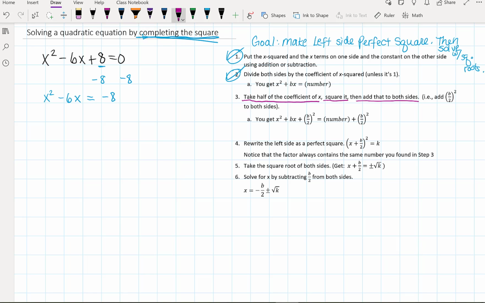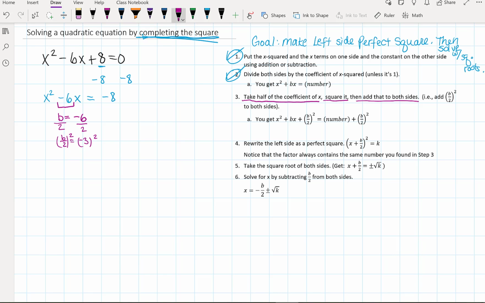So when I do this, here's what I do. I look at the coefficient on x. In this case, the coefficient is negative 6, and I'm going to take half of it. B over 2 here is negative 3. Then I'm going to square that and add it to both sides of my equation.